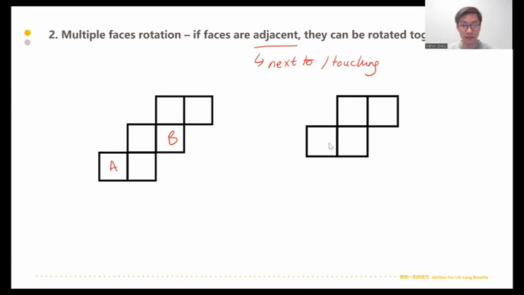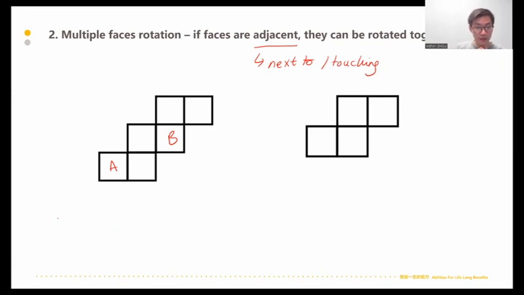Lots of people saying no again. And why aren't A and B adjacent? Well, let's have a think. Last time, do you remember I taught you how to work out if faces were opposite or not? The faces are opposite in what scenario?